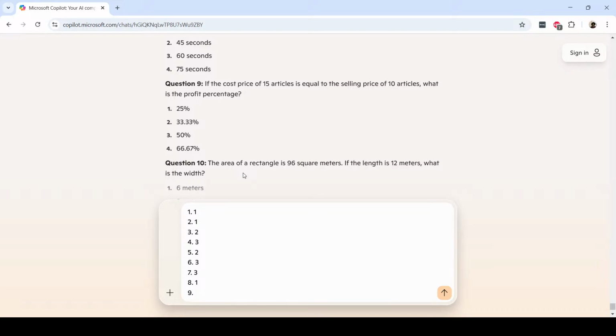If the cost price of 15 articles is equal to the selling price of 10 articles, what is the profit percentage? I am blindly guessing this is 33%, but let's complete it. See, the cost price of 15 articles is, let's say, X, right?